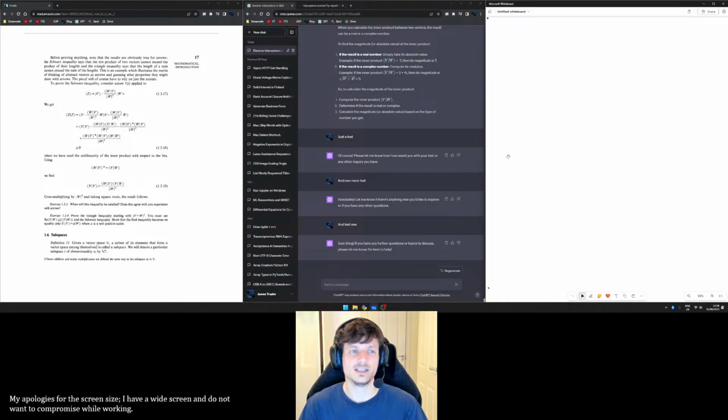This is an example which illustrates the merits of thinking of abstract vectors as arrows and guessing what properties they might share with arrows. The proof will of course have to rely on just the axioms.